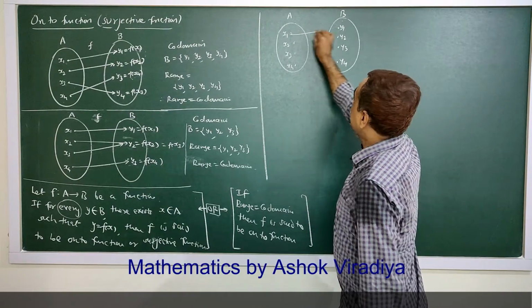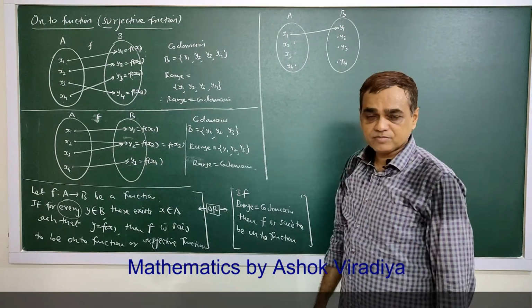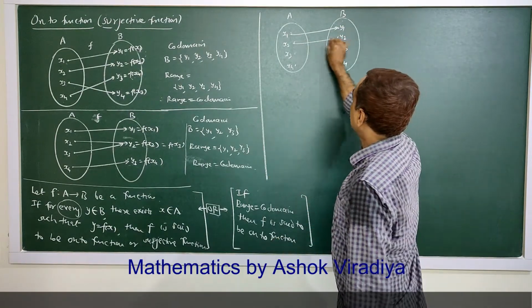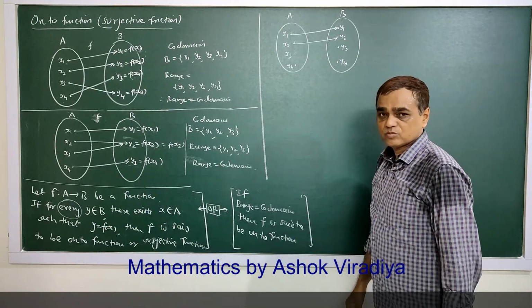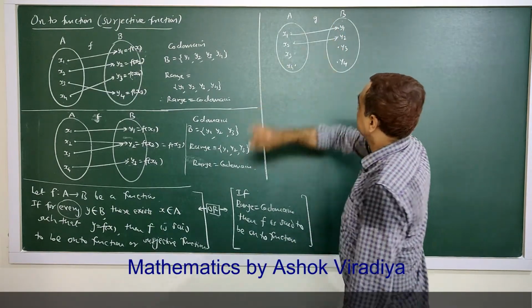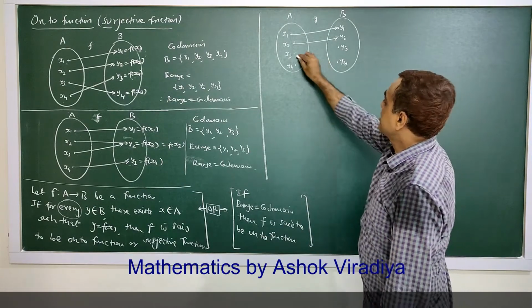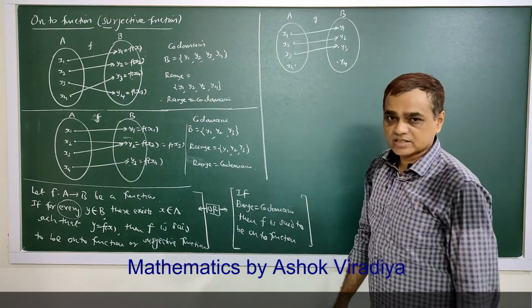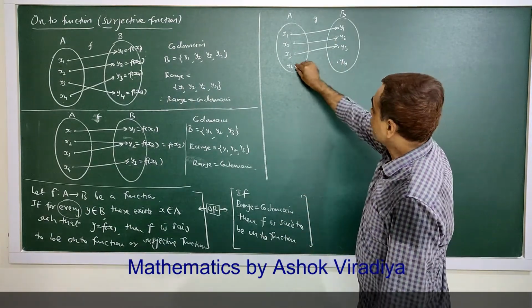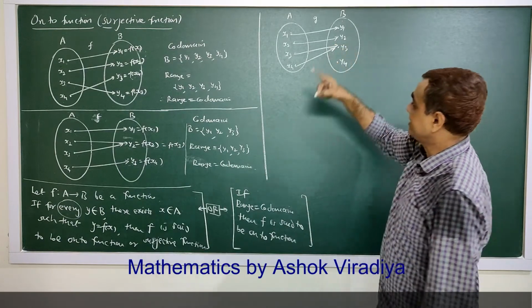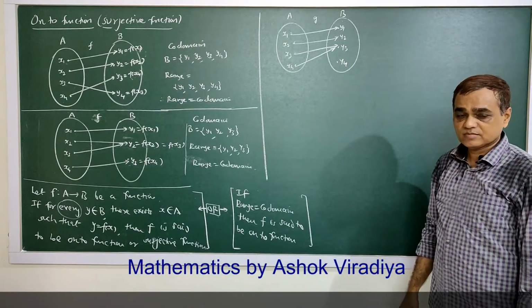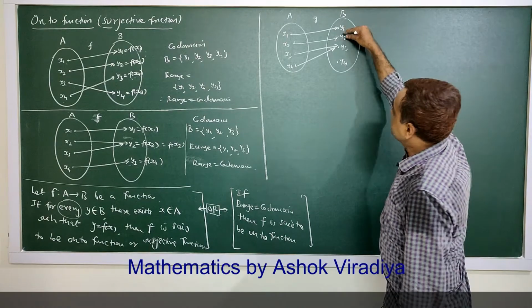See, the image of x1 is y1. The image of x2 is y2. Suppose this function is g. The image of x3 is y3. The image of x4 is also y3. These are images.